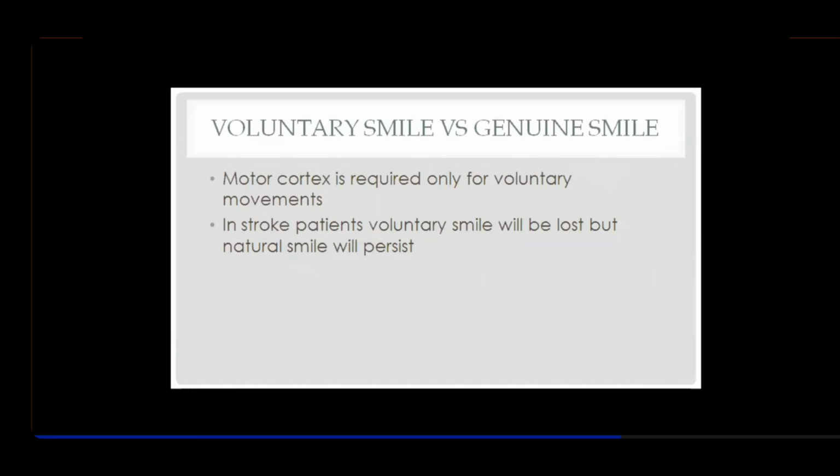So in such cases, of stroke patients or in case of Bell's palsy, you find that on giving voluntary commands to smile, or when he himself voluntarily tries to smile, the face will become more distorted, but the natural or genuine smile persists.